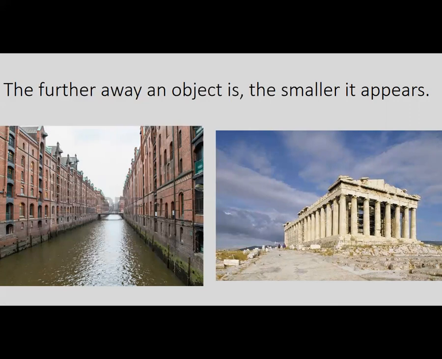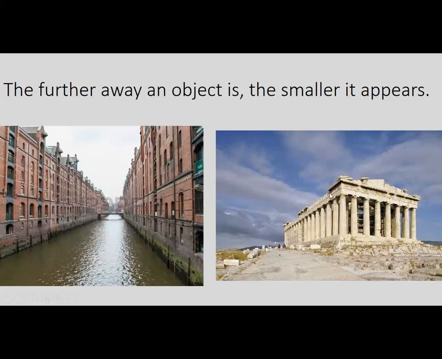So we're looking at, I believe this is in Florence, these apartment buildings that flank either side of this canal. And when they're closer to us, they appear taller and bigger, and then they gradually get smaller and smaller the further away they are in space. They don't get smaller and smaller, they appear to be smaller and smaller.